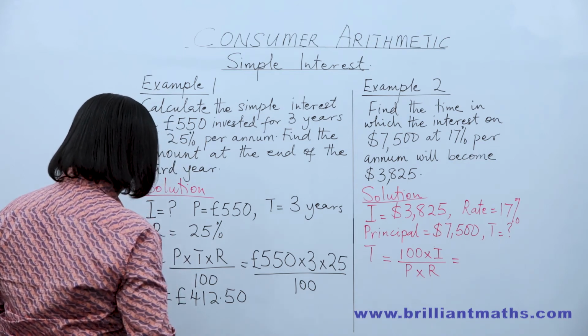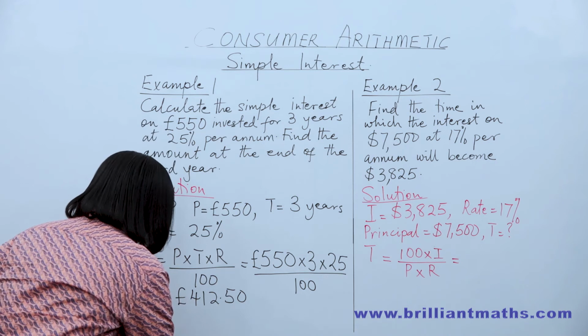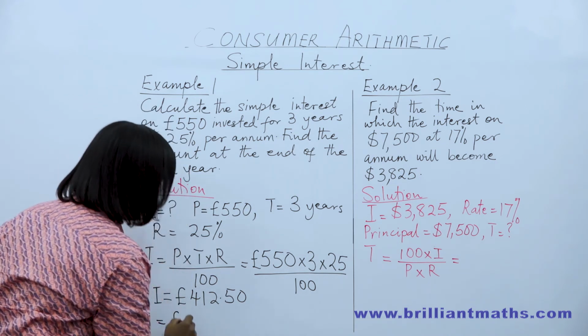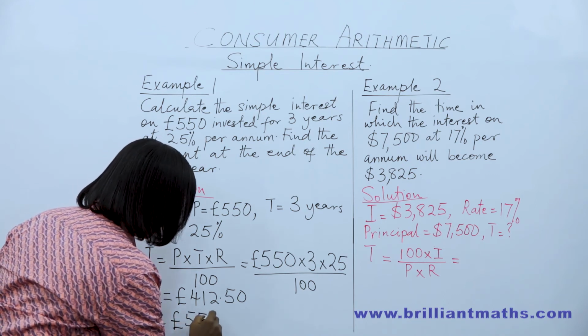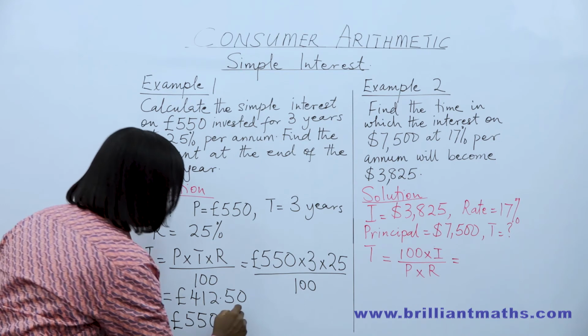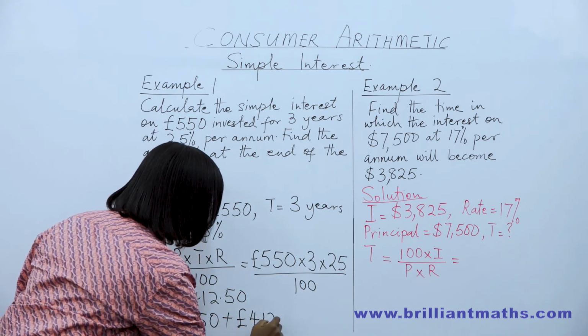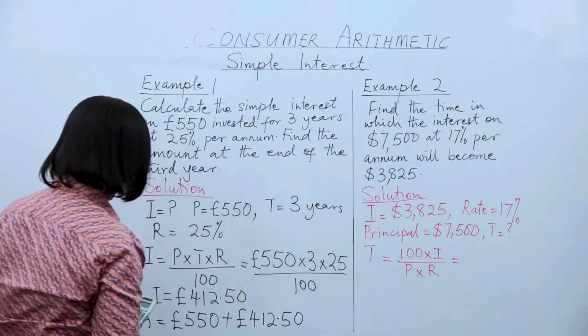So, amount A is equal to the principal, 550, plus 412.50.